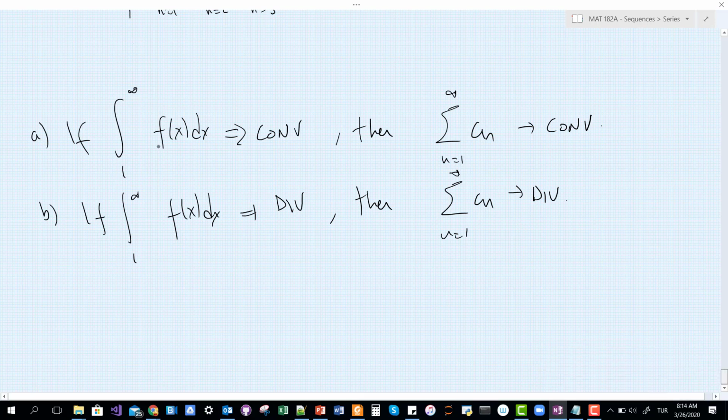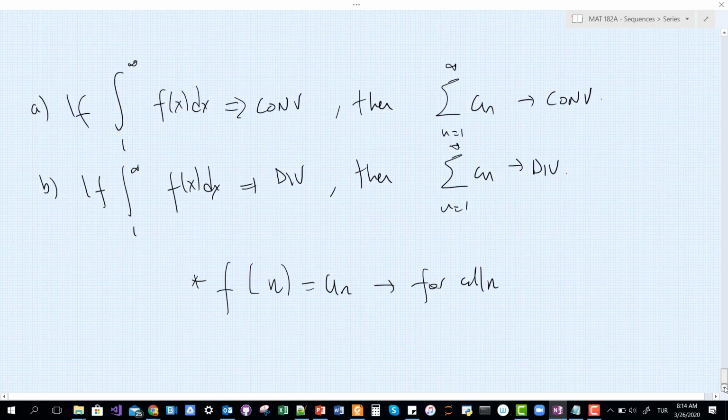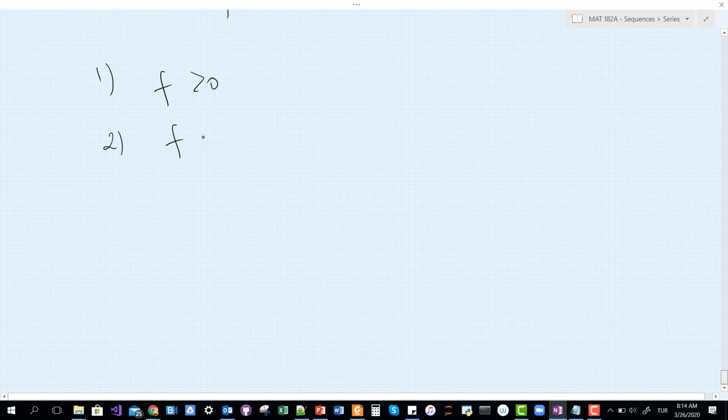So what's the relation between the function and my nth term? As you saw from the graph, the function should be equal to my general term at the points, for all n. For all n, the nth term and the function should be equal. There are some other rules actually on the function f. f should be a positive function. f should be a continuous function.